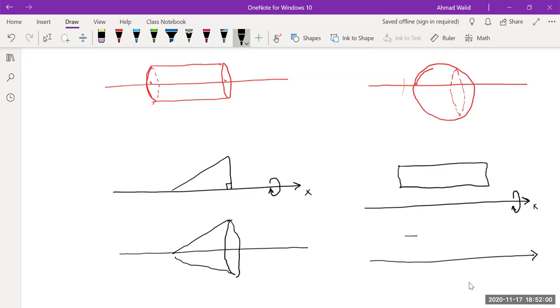To draw that, it will give me a shape like this, a cylinder which has a hole in it, like a pipe, right? It gives me a pipe, correct? You can calculate all these values.